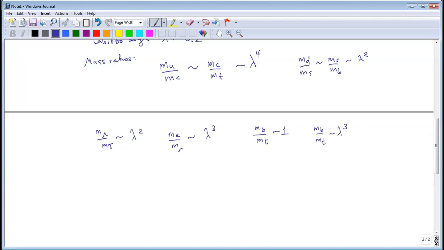Now, what about the neutrinos? Of course, there we don't know their mass scales. One silly numerology you can do, and it's not obvious exactly how much one should take it seriously. Well, that's really true with all of these things, is to say, suppose we have our delta m squared solar over delta m squared atmospheric. And if you put in those numbers, this thing basically is closer to order lambda than any higher power.